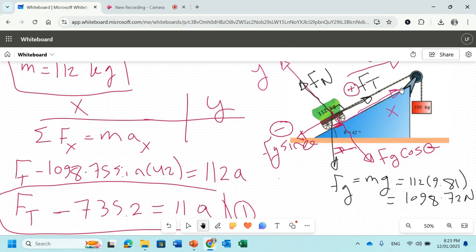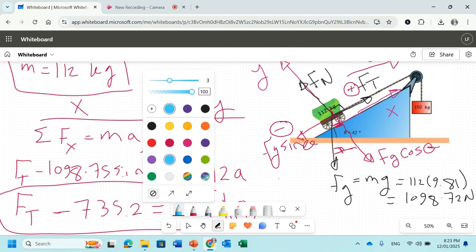Let's go now to the second object, the 150 kilogram one. Here I have the force of gravity down, and I have the tension force up, and the object is going to move in this direction.